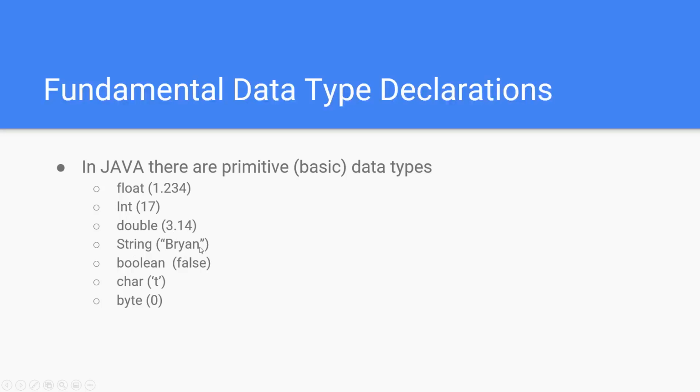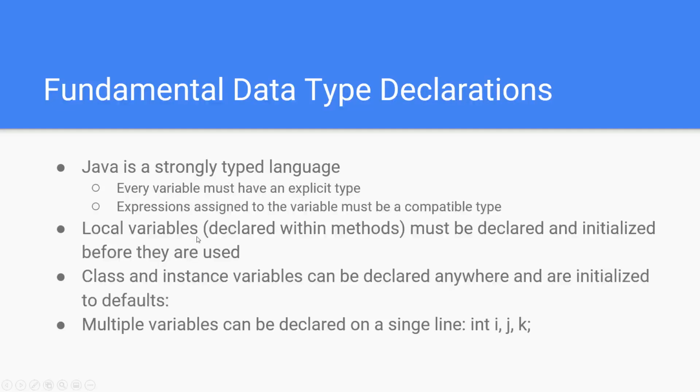What we call a string, which is characters that are just printed to the screen, however you can compare the two. A Boolean, which is a true or false, a char data type, which is 1 character, and then a byte. All of these are mapped to the JVM, and then the JVM takes care of putting these variables, these data types, in memory for us, so we don't have to be concerned with it.